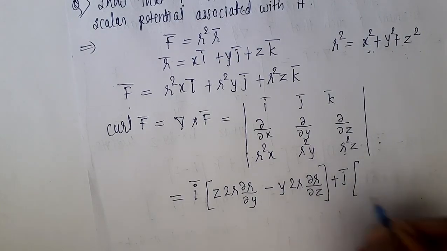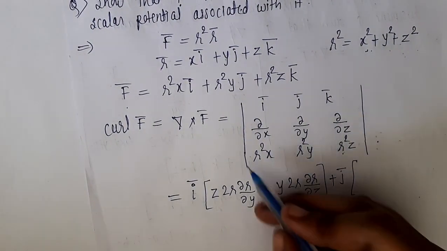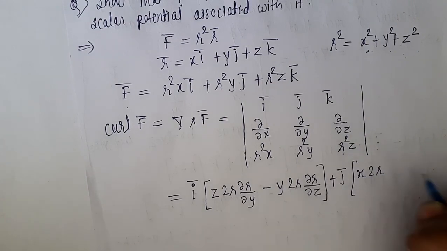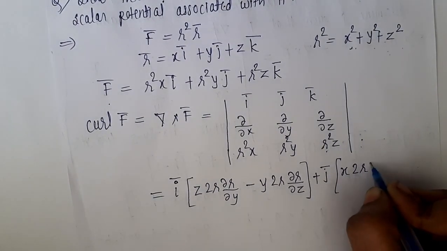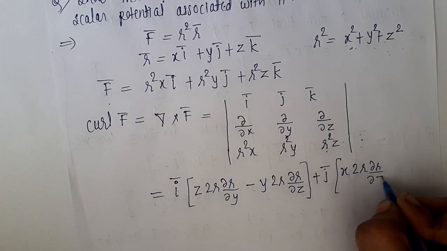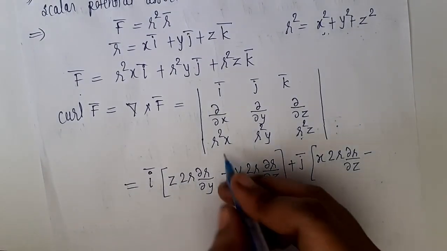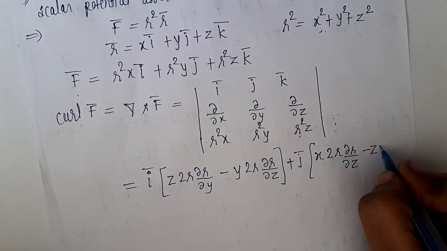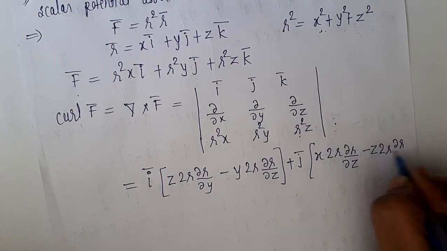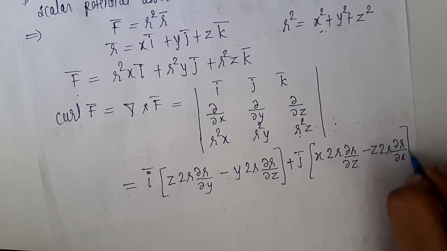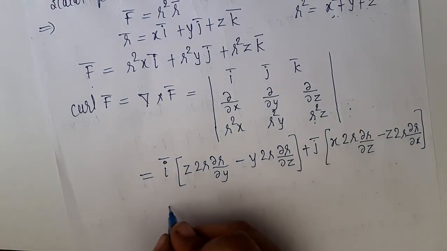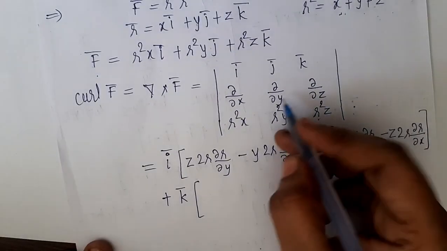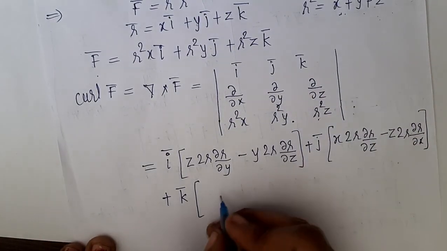Plus j times del by del z of r square into x. Again x remains as it is, and the derivative of r square is 2r into del r by del z, minus the derivative with respect to x, so z remains as it is, 2r del r by del x, plus k times del by del x of r square into y.